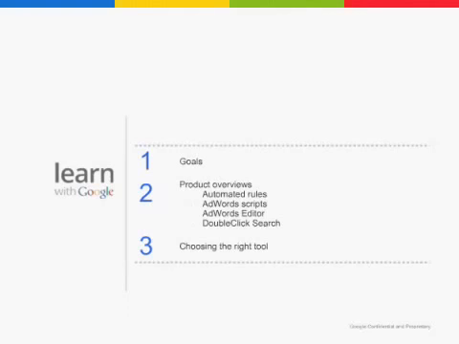Second, we'll go into detail for 4 solutions: automated rules, AdWords scripts, AdWords Editor, and DoubleClick Search, including a product overview, use cases and best practices, and steps necessary for adoption. And then finally, we'll walk through how each solution compares so that you can choose the tool or tools that will best meet your needs. And again, we'll also leave plenty of time at the end to answer your questions.